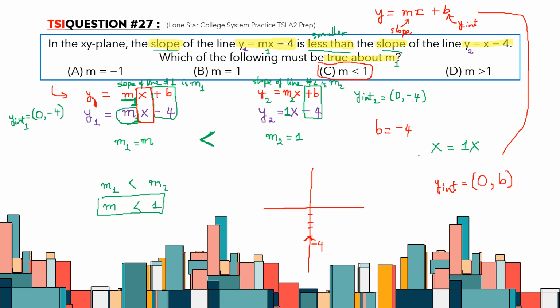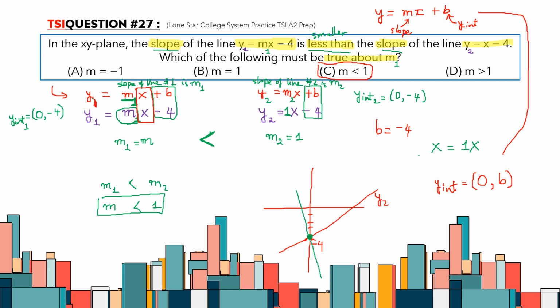That is y2. We don't know what m is, but m is less than 1, so it may be negative, or it may be up here.